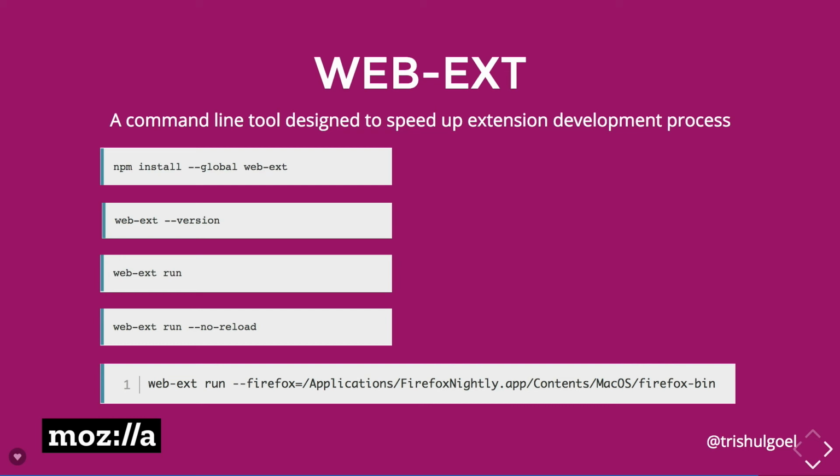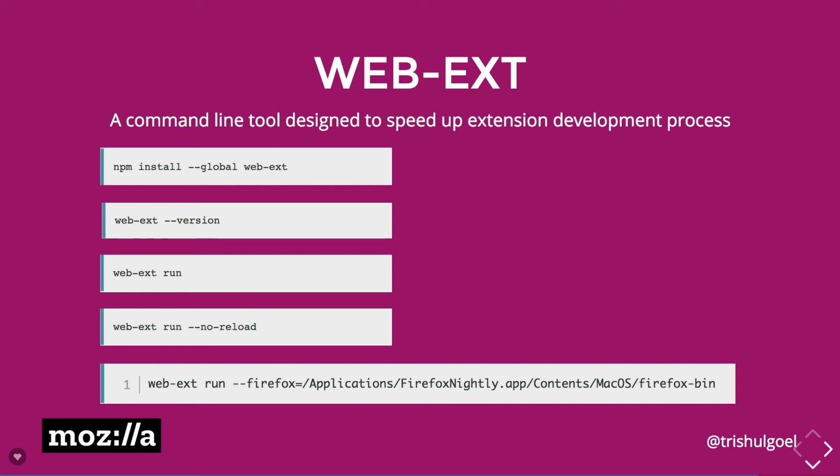It helps you to create a scaffolding project. In addition, it validates, it helps you with some APIs, and moreover, it lets you test your add-on via CLI. It creates a new instance, a new profile just for testing, so that it does not hinder other add-ons or extensions which you have deployed.